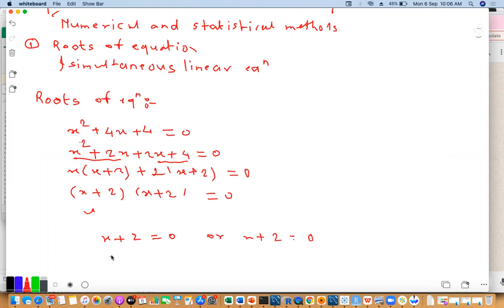So taking 2 on this side, we have x is equal to minus 2 or x is equal to minus 2. So we found the root of the equation as x equal to minus 2. So what is actually the root of the equation?